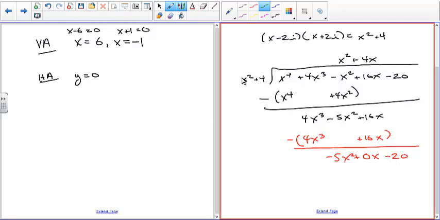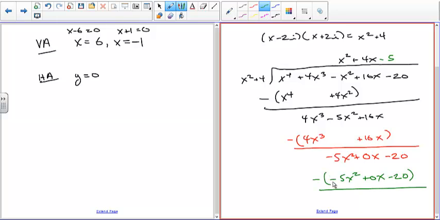Okay, so what do I need to multiply x squared by to get negative 5x squared? The answer is negative 5. Negative 5 times x squared is negative 5x squared. I don't have anything here. And then I've got negative 5 times 4, which is negative 20. Again, I'm subtracting both of these terms.